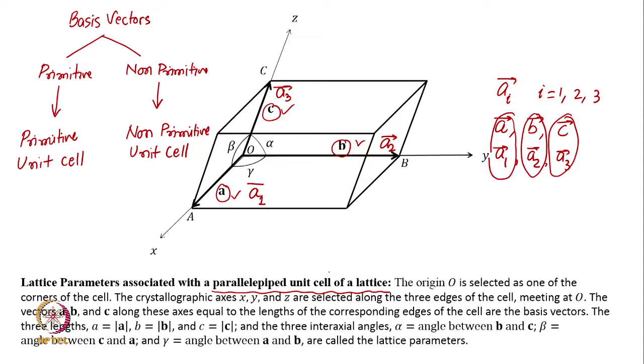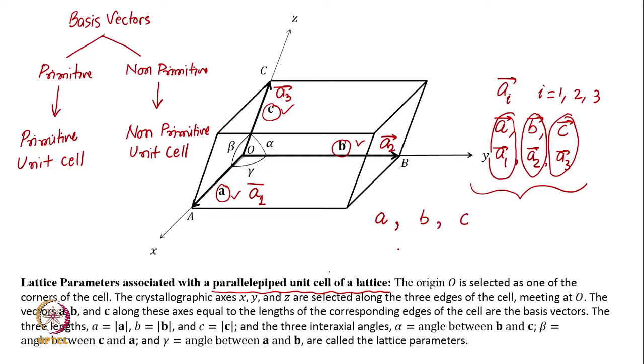But sometimes we want to play with the scalars. So, instead of giving vector A, we give the magnitude A, magnitude B and magnitude C. If we give only these 3 magnitudes, then the shape is not fully defined, because the angles between them can be different.